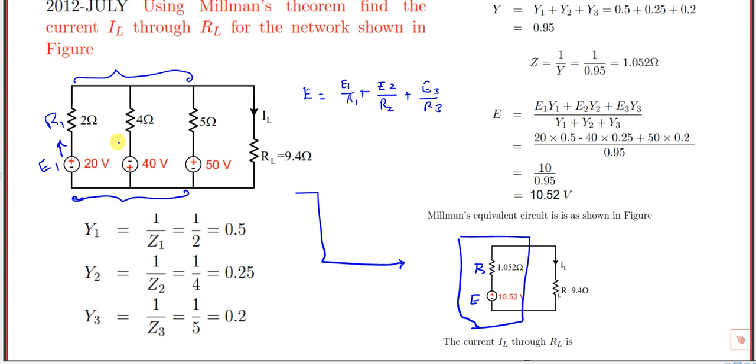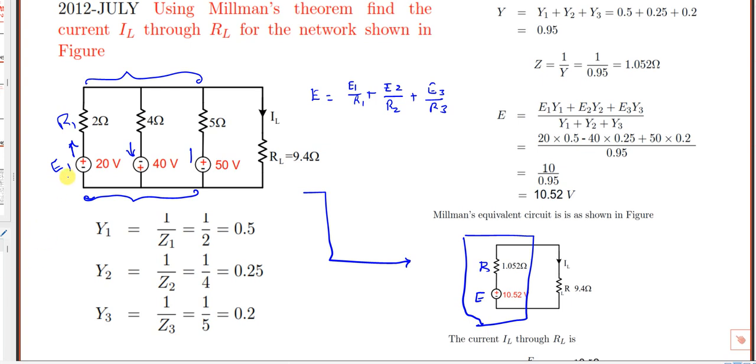This is minus to plus, this current will go downwards. This is minus to plus, current will go upwards.